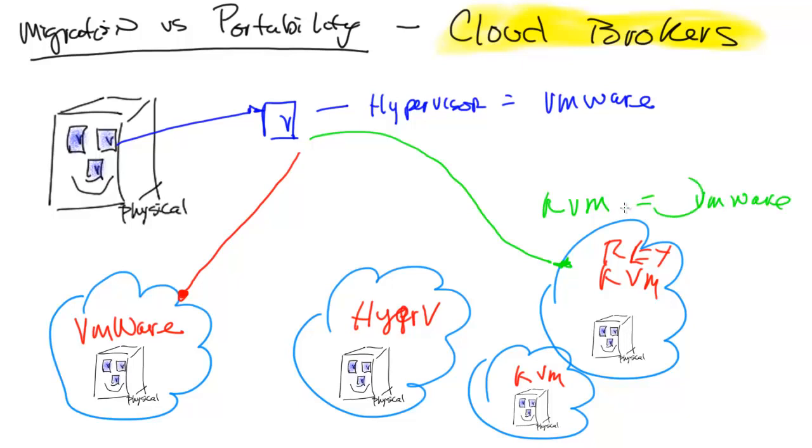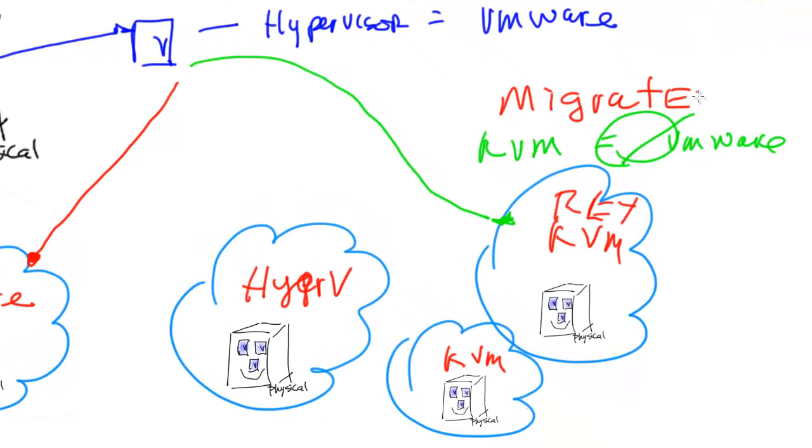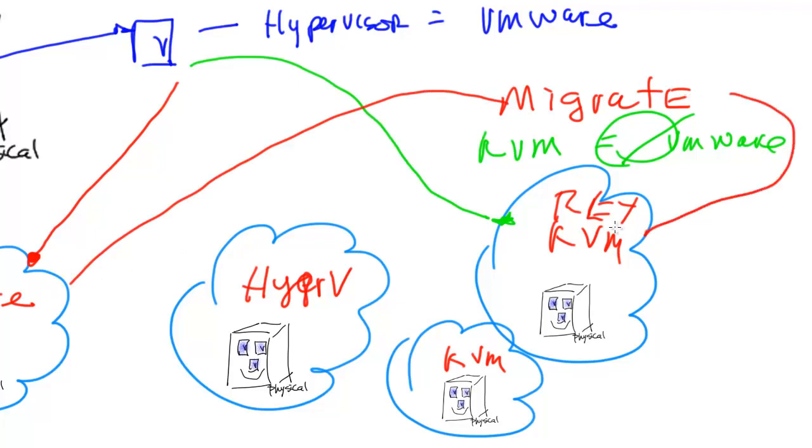Well, it will run it, but it is a migration, not a portability. So I actually have to migrate from VMware to KVM. Is it possible? It absolutely is possible. But we have to do a migration.